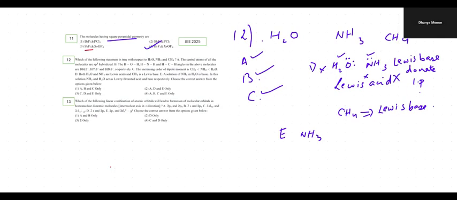In fact, here ammonia acts as a Lowry-Bronsted base, because later on in grade 11 you will learn that ammonia accepts a proton from water. Ammonia will accept a proton.